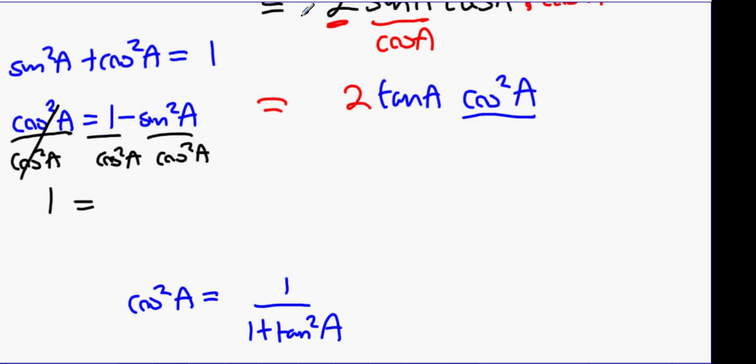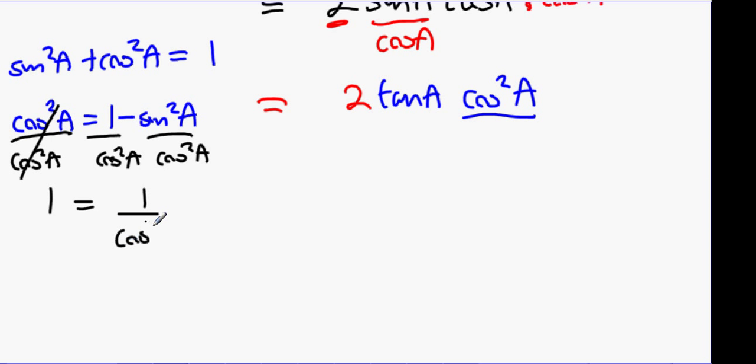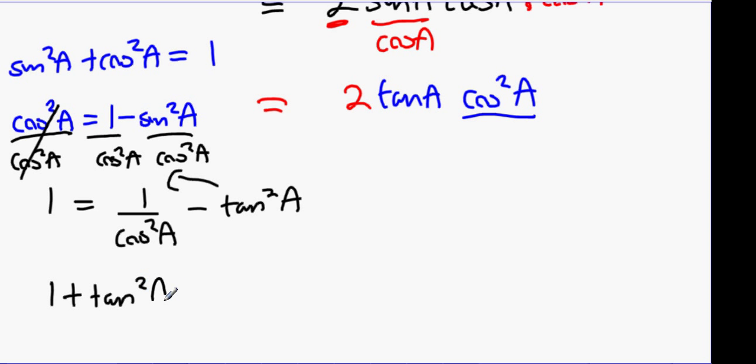I've turned this one into what, guys? 1 divided by cos squared A. And I've turned the last one into minus tan squared A. See the way I have that in terms of tan squared A? Bring the tan squared A over to your side, we get 1 plus tan squared A equals 1 over cos squared A.